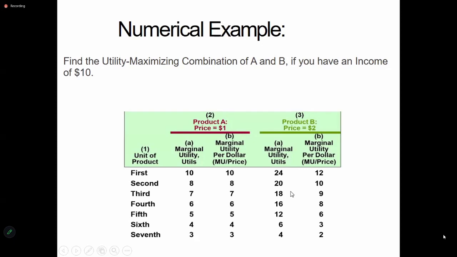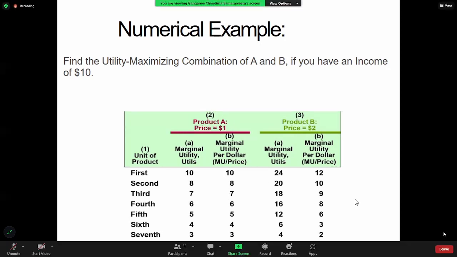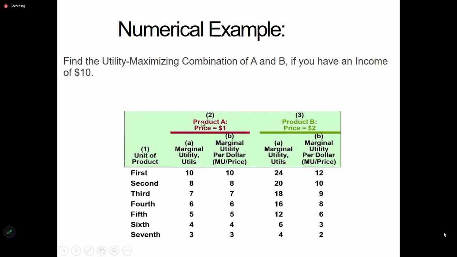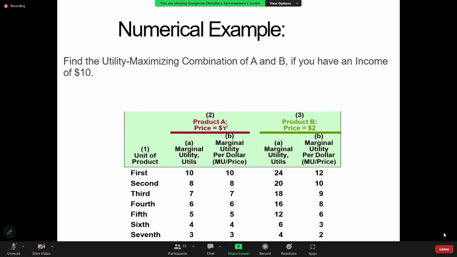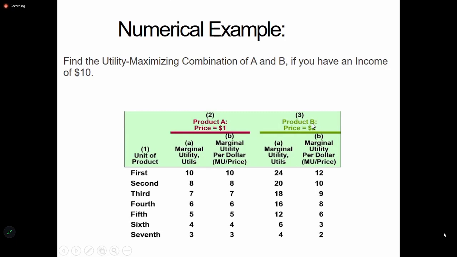Let's say the situation is like this. You need to think where the marginal utility of these two products is equal. By seeing these, tell me how many units of product A or how many units of product B give equal satisfaction, or equal marginal utility per dollar.